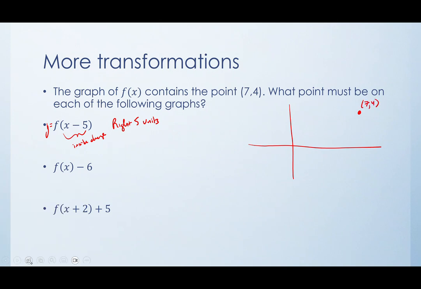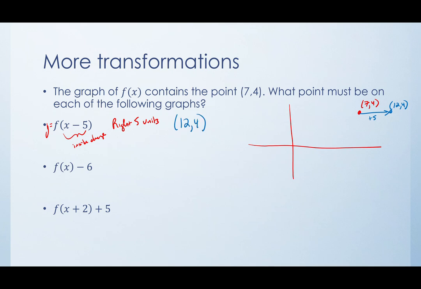Because all we know is that that point is going to move right 5 units, right? So what point is 5 units to the right of (7, 4)? I think that's going to be (12, 4), right? 7 plus 5 is going to be 12.